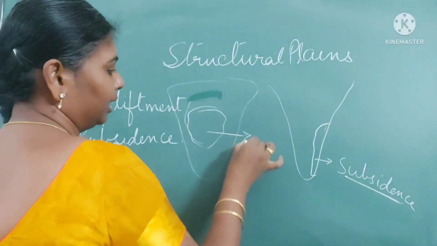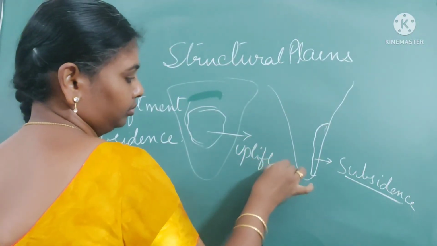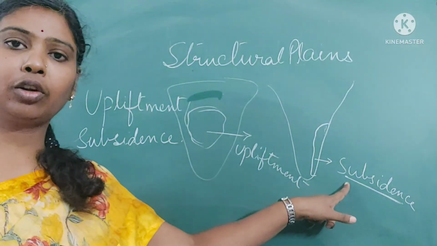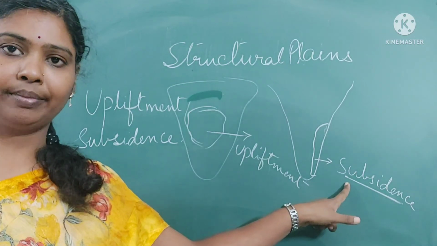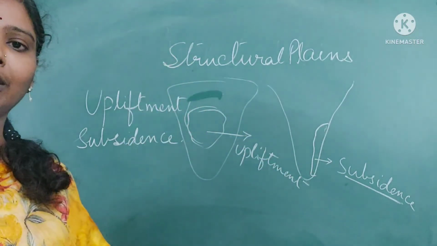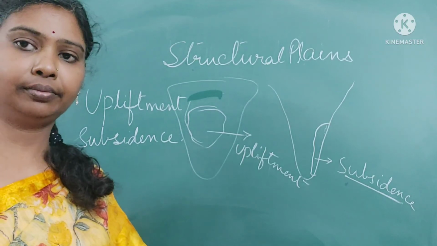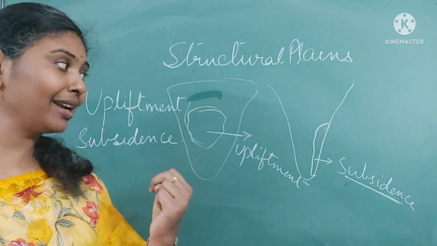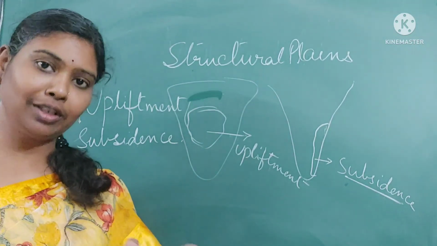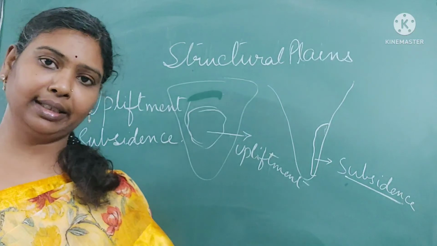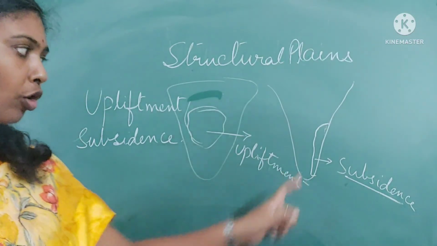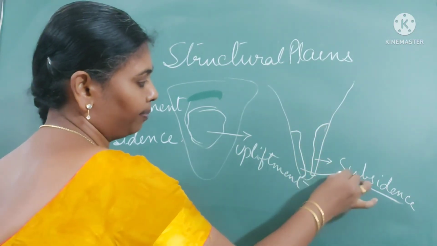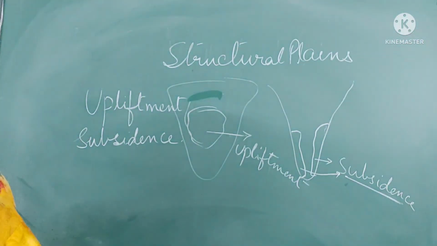This is upliftment. And here, the Coromandel coast, it is subsidence. So these are known as structural plains. Plains of Russia and the central lowlands of Australia are also examples of subsidence. Not only the Coromandel coast, the opposite side, the Malabar coast, is also an example of subsidence.